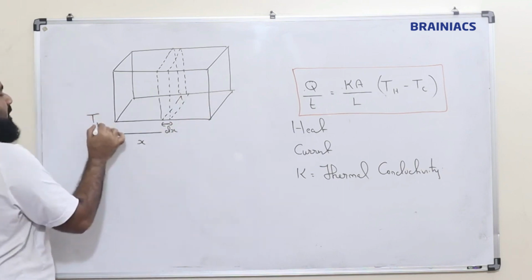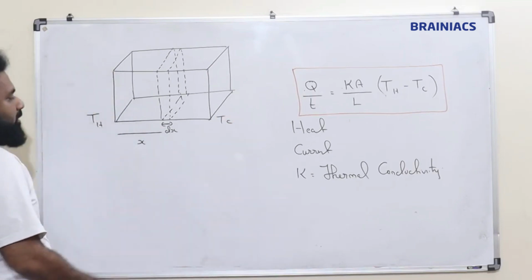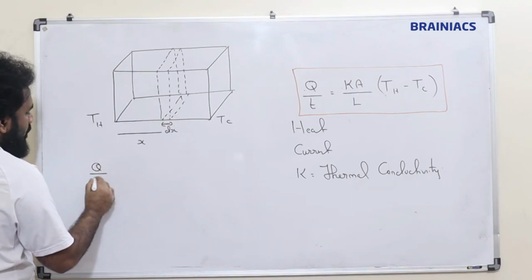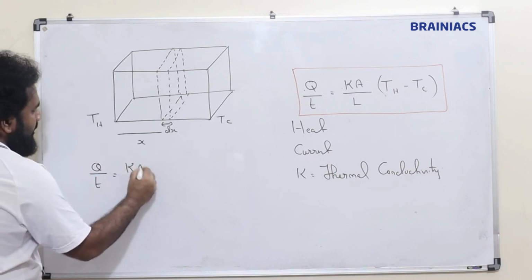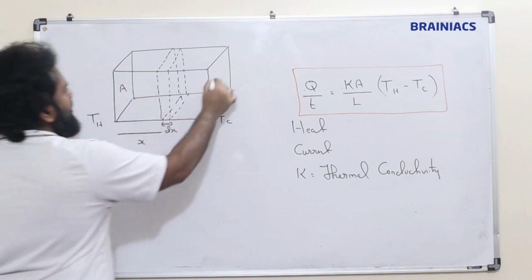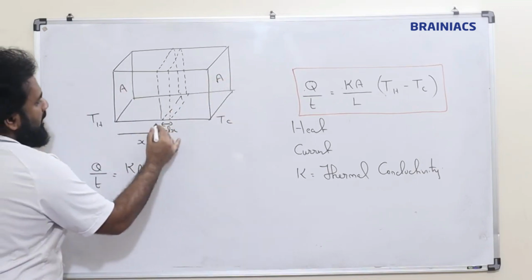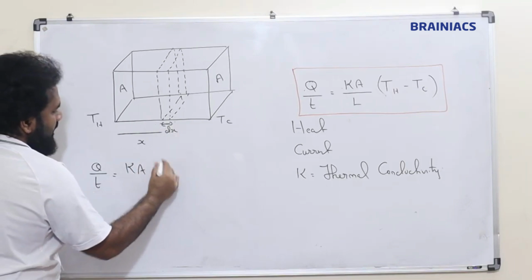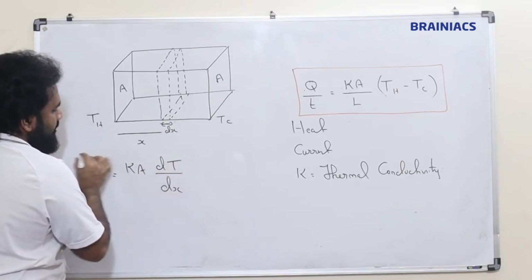If this end is at a high temperature and this end is at a low temperature, then again Q by t is equal to KA, this area is A, and the heat current at this point is dT divided by dx.